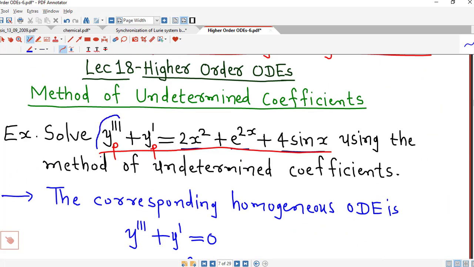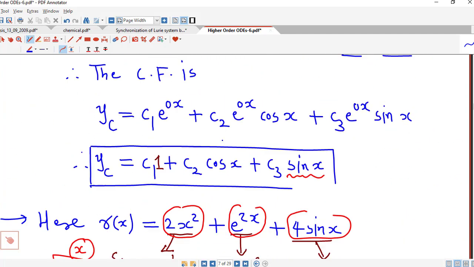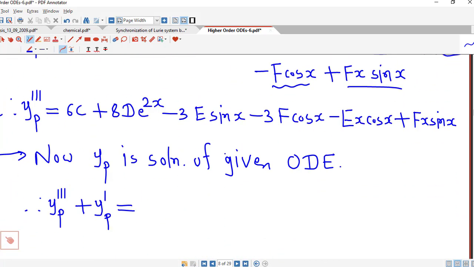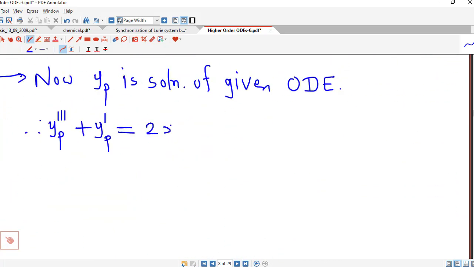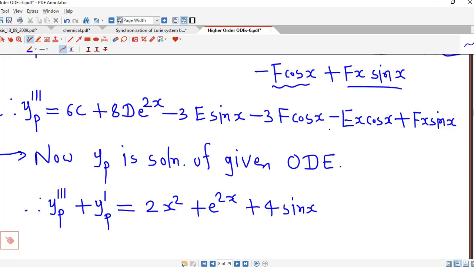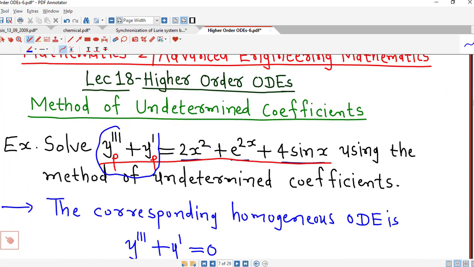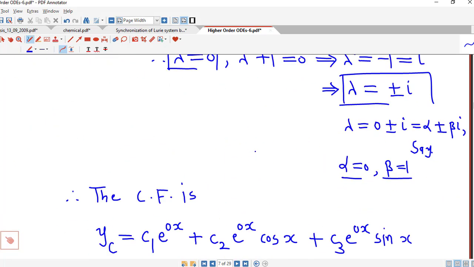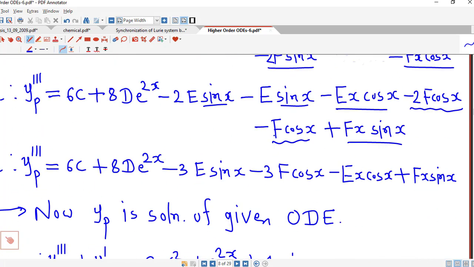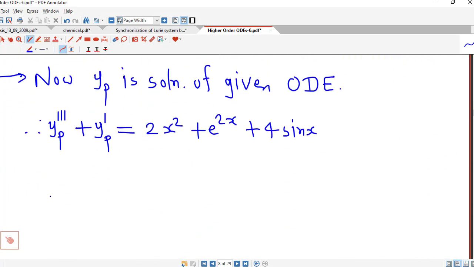So here we substitute yp instead of y, and right hand side is 2x square plus e raised to 2x plus 4 sin x. Let me check again. We have to be very careful. A little mistake can lead to errors. 2x square plus e raised to 2x plus 4 sin x.